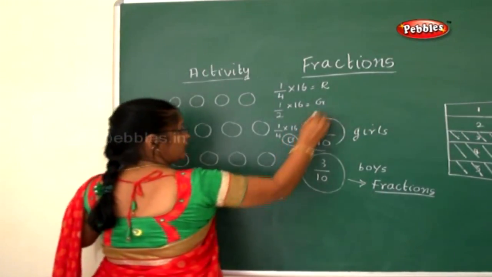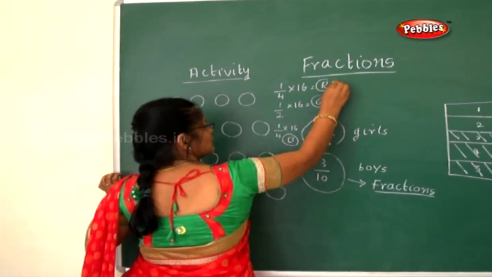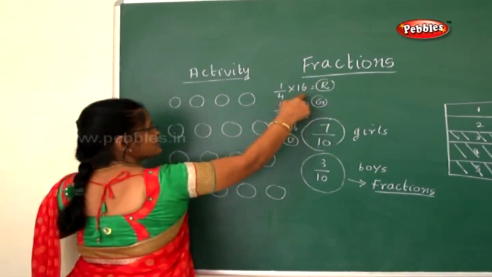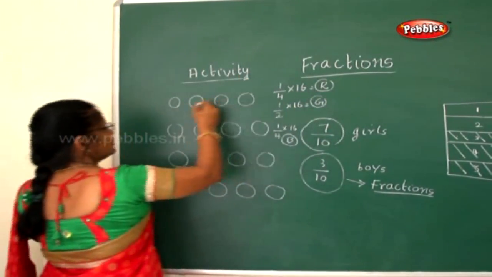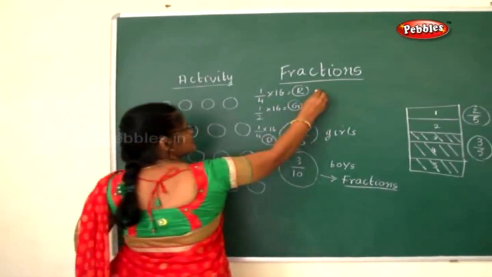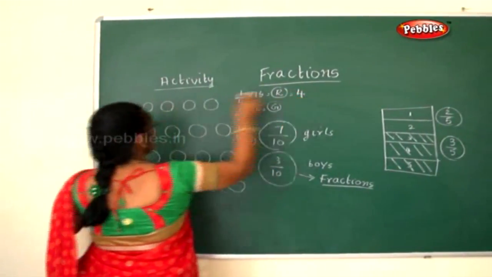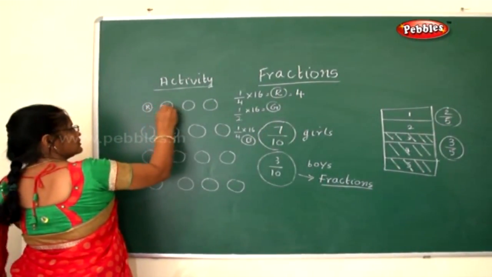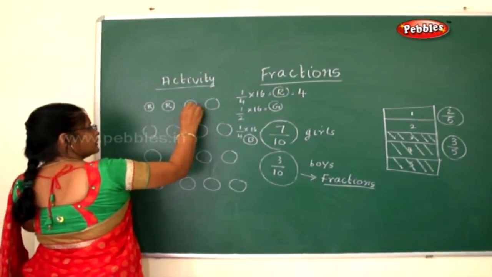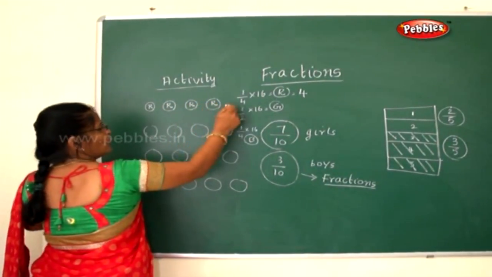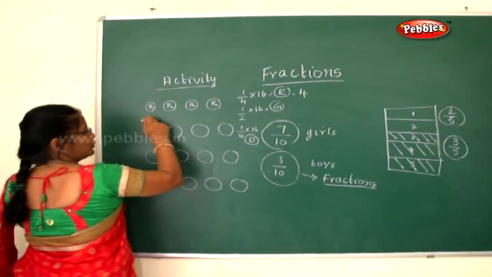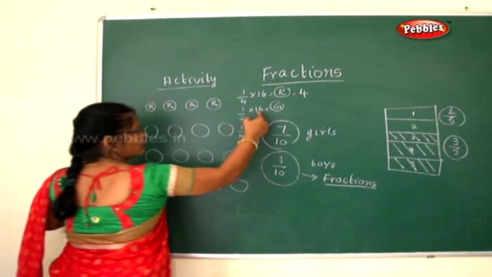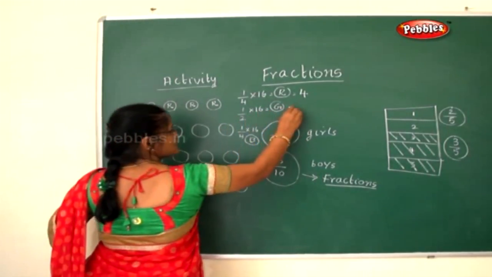So again I'll repeat. 1 by 4 of 16 circles you color with red. Now we'll start. 1 by 4 of 16 is what? 4. So 1, 2, 3, 4. So 1 by 4 of 16 I have colored with red. Now half of 16 is 8.